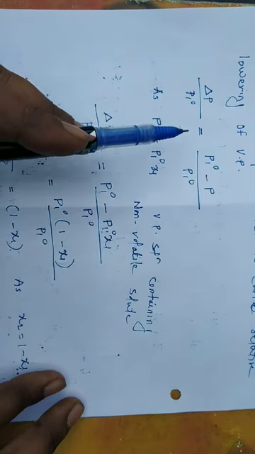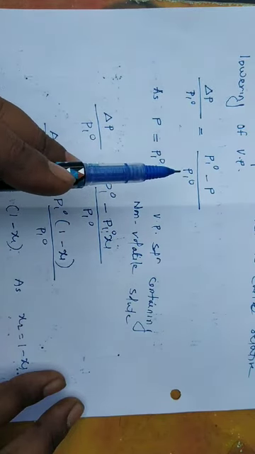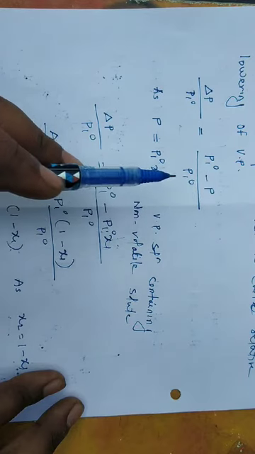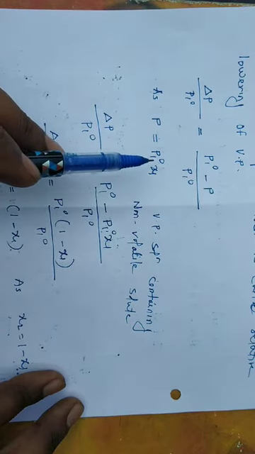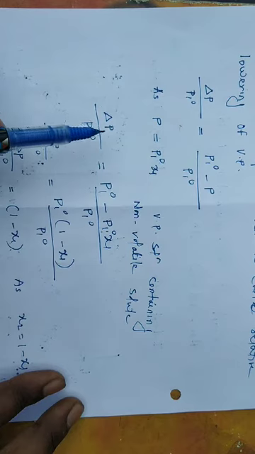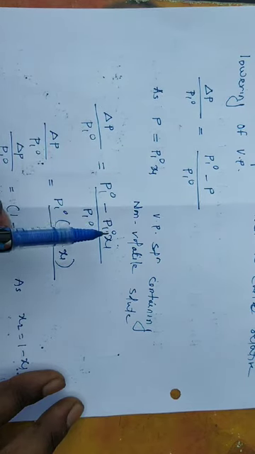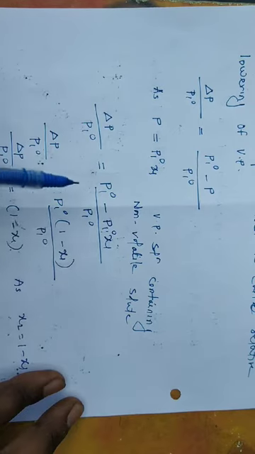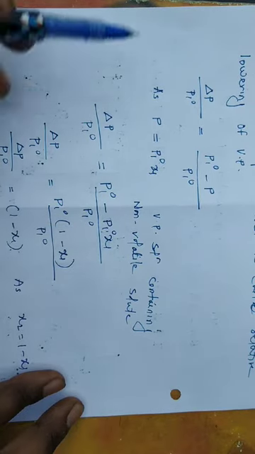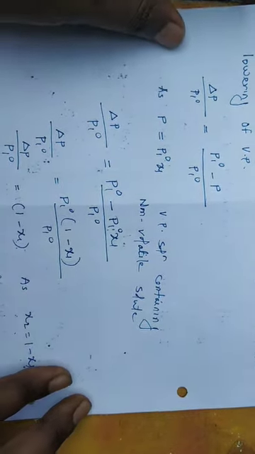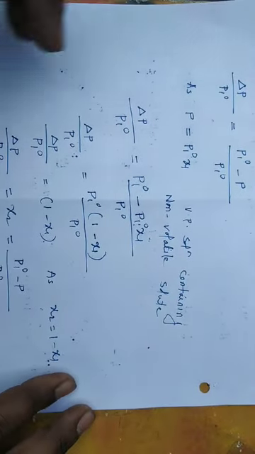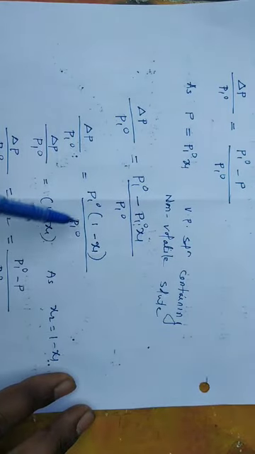Delta P upon P1 naught is equal to P1 naught minus P upon P1 naught. When you put the value of P, P is equal to P1 naught x1, so you get delta P upon P1 naught equal to P1 naught minus P1 naught x1 divided by P1 naught. What's common here? P1 naught. So delta P is equal to P1 naught into 1 minus x1 divided by P1 naught. P1 naught gets cancelled here.